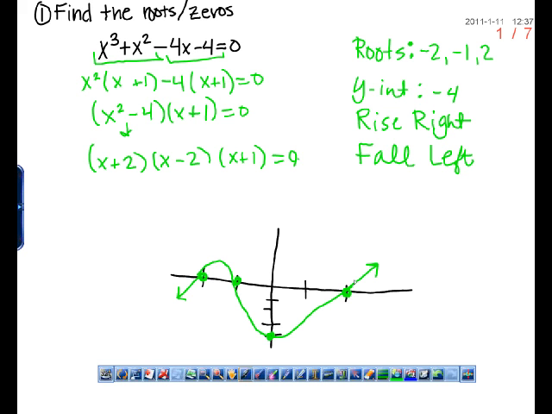Yeah. What about the range? When will the range get sticky? Good. When the degree is even, both sides are going to point up or both sides are going to point down. So you would have to know the highest point that it reaches, and we haven't talked about how to find that. That takes calculus.